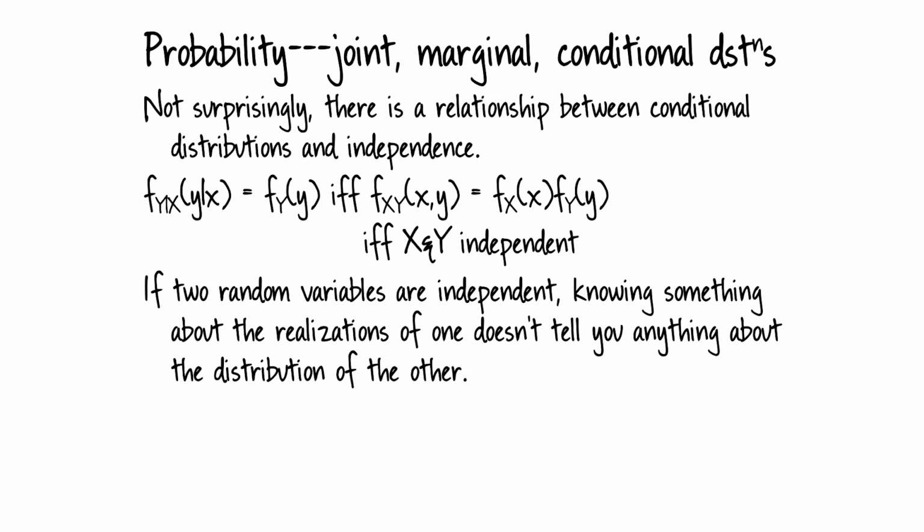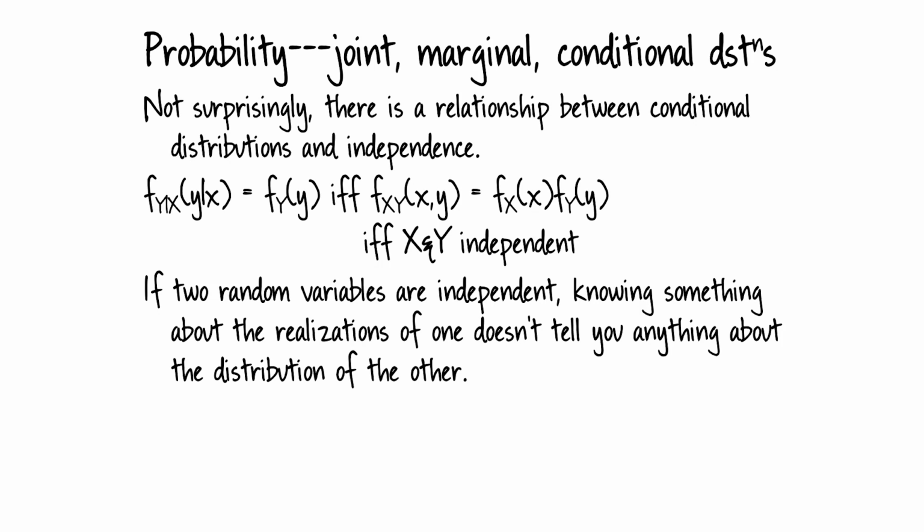The intuition behind this is that if you have two random variables and they're independent, then knowing something about the realization of one of the random variables doesn't tell you anything about the distribution of the other. And remember how I said that a conditional distribution was like a way of updating the distribution of a random variable given some relevant information.